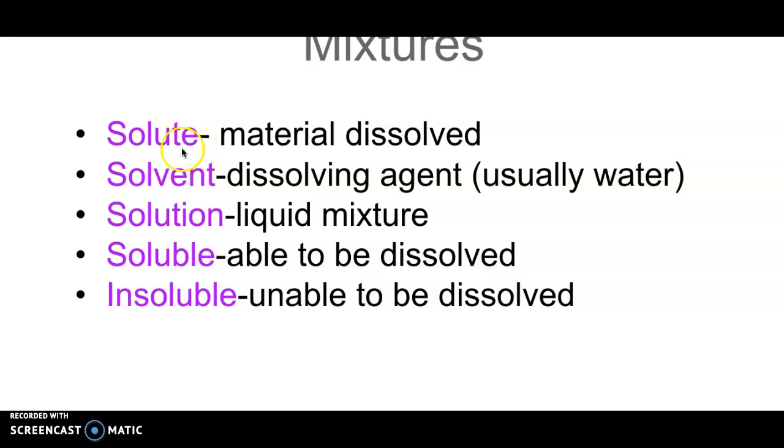If you think of lute as in gold, it's the smaller amount. In our saltwater example, it would be the salt. The dissolving agent is typically water, but it can be other solvents that are used in various quantities. But usually it's the agent with the most quantity in the solution, which is a liquid mixture of the two.